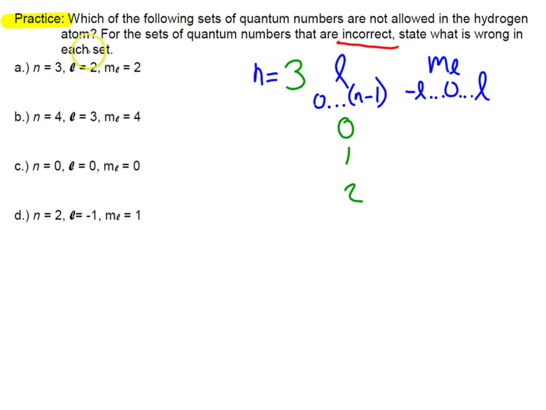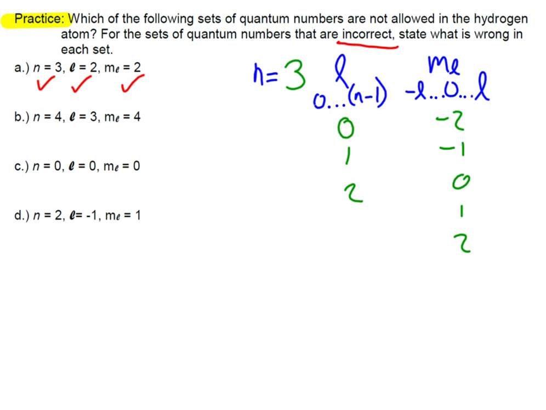Now, after selecting l of 2, you would then solve for the possible m sub l numbers. If l is 2, that means we're going to range from -2 to +2. As we check each of these quantum numbers, we see that n of 3 is a valid number, l of 2 is a valid number, and m sub l of 2 is also a valid number.